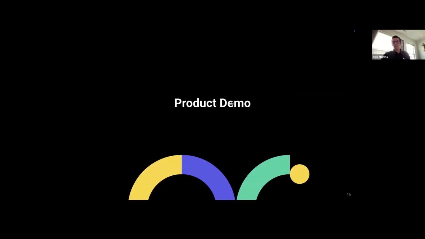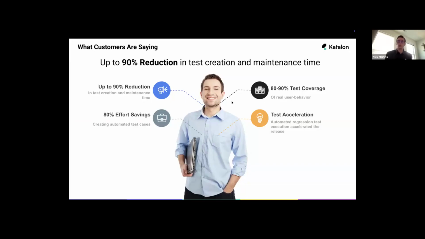Yes. So just a quick call out to the value that our beta customers have already reported, and some of our paying customers that are just starting on that journey with us have also seen similar numbers. So reduction in test creation and maintenance time of up to 90% because of the way TrueTest works, as Mai walked us through.